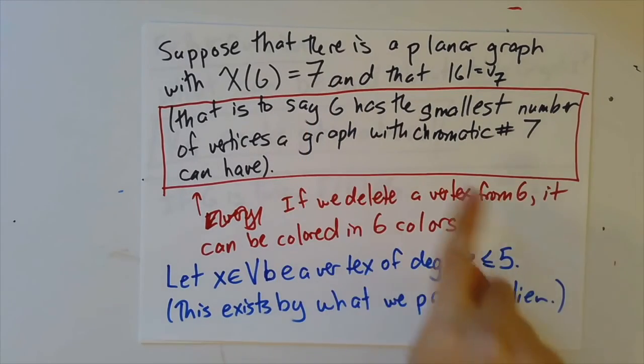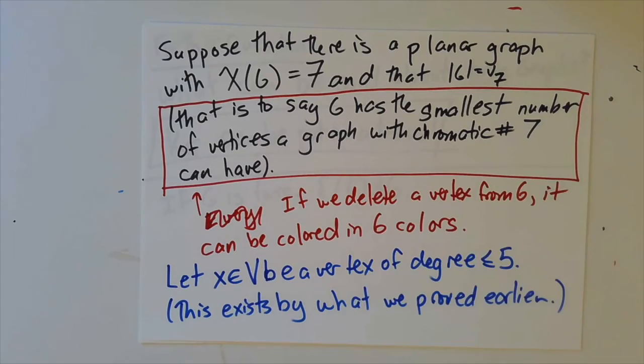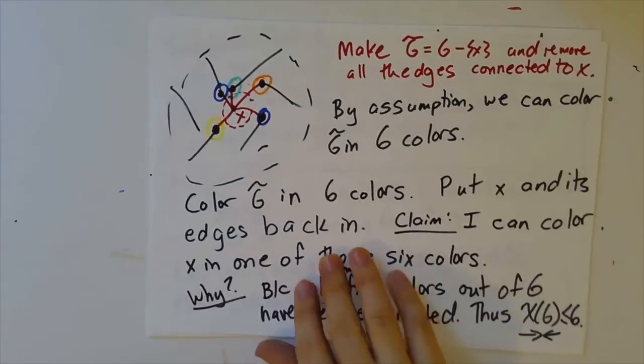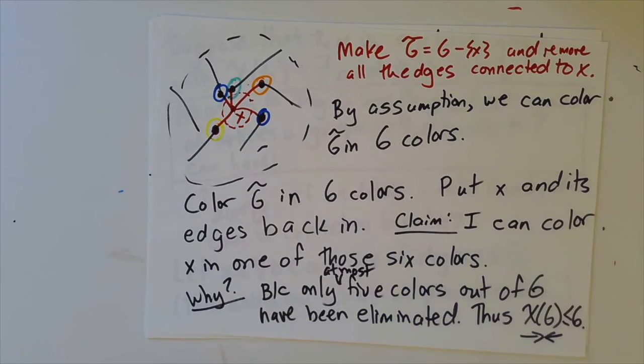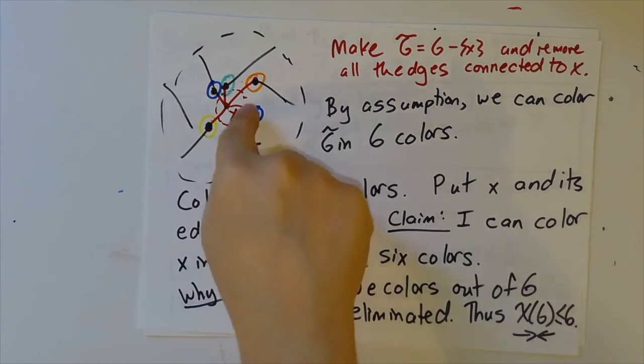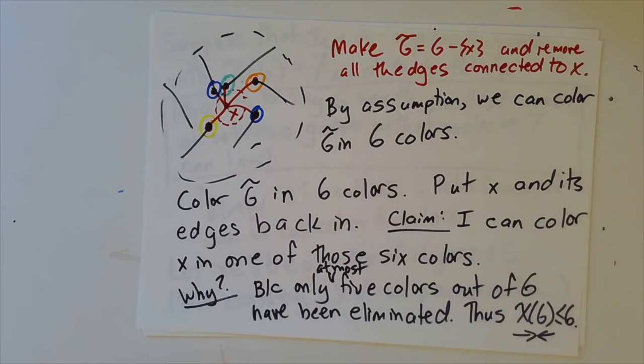And then you say, okay, now suppose I have a minimal graph that requires 7 colors, and then I'm going to find that vertex of low degree. I'm going to pluck it out. Now my graph can be colored in 6 colors, and now I can go back and put that vertex back in, and now I can color it, and I don't need to use the 7th color at all.